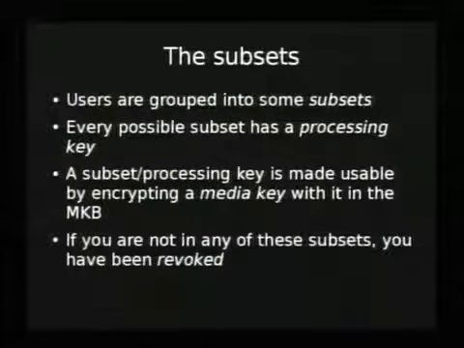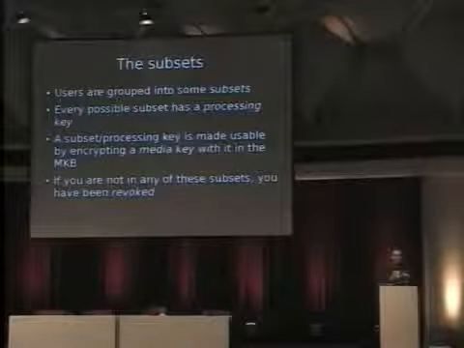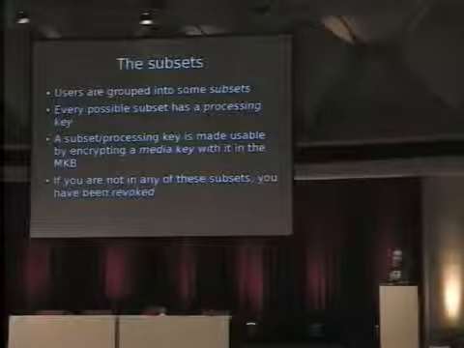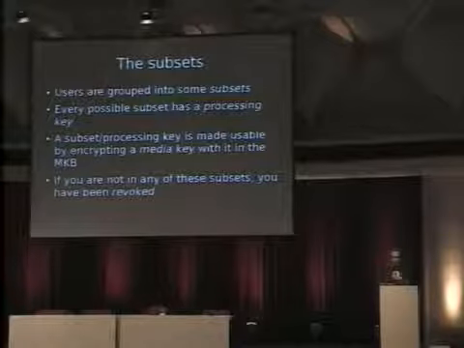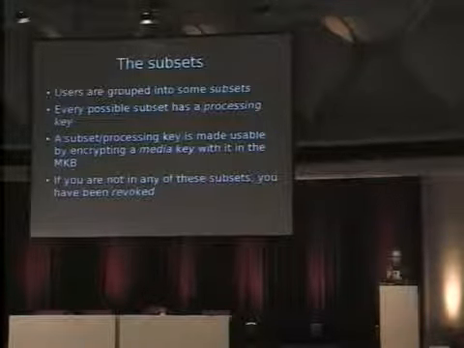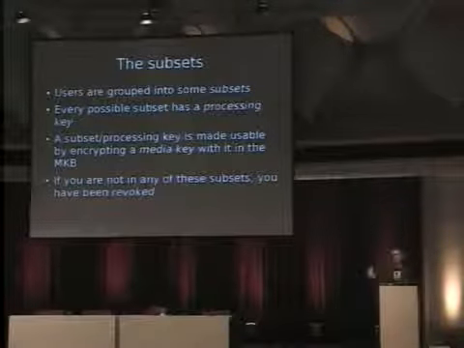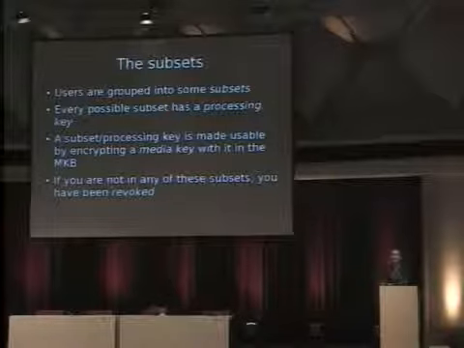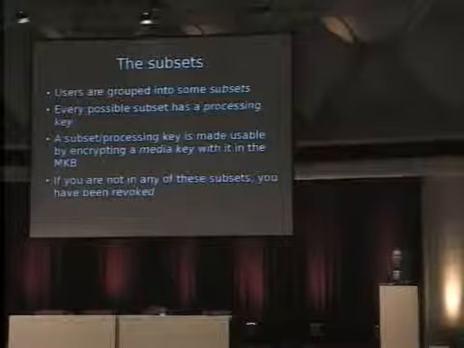And so as the system goes on, different processing keys will be used, and new disks will have different media keys encrypted with the processing keys that are active on this disk. And you can tell you have been revoked if you are not in any of the subsets that is on a disk. So there's a bunch of processing keys corresponding to a bunch of subsets, and if you're not in one of those subsets, then you can't play the disk.